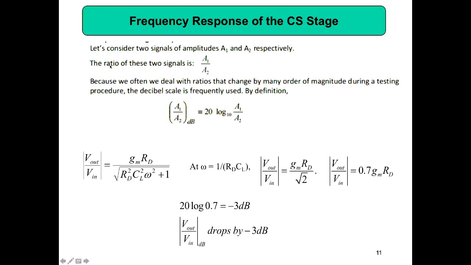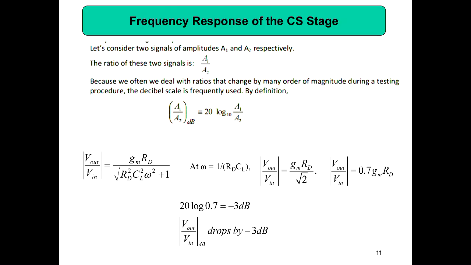The ratio of these two signals is A1 by A2. We often deal with ratios that change by many orders of magnitude during a testing procedure. Somewhere the change is maybe 2, somewhere it is 50, somewhere 100, somewhere 1000. With a logarithmic scale, you can represent all of it in a single graph. That is the reason we use a logarithmic graph.